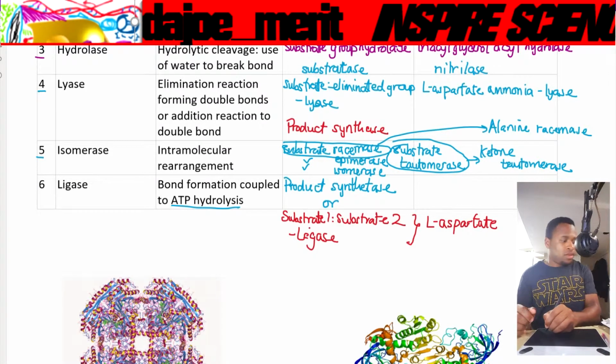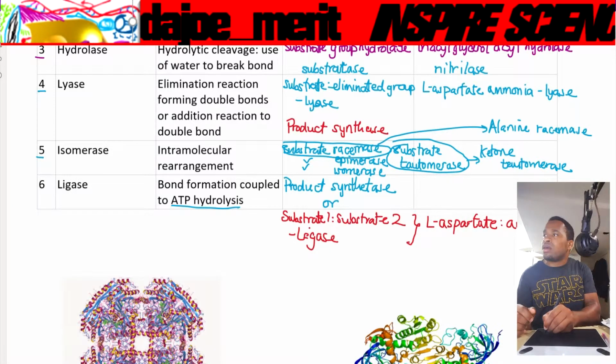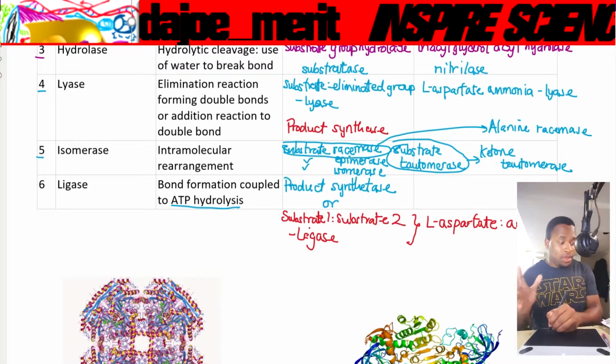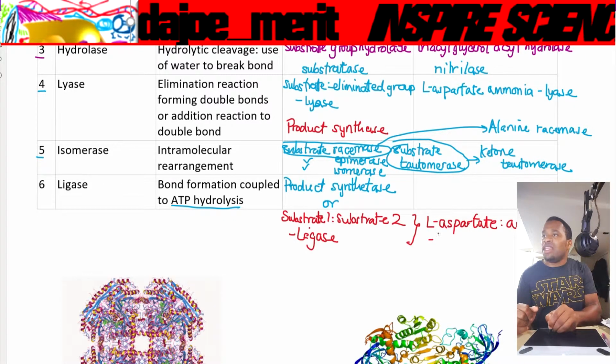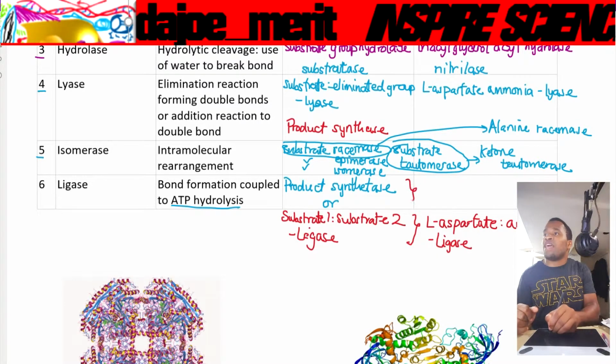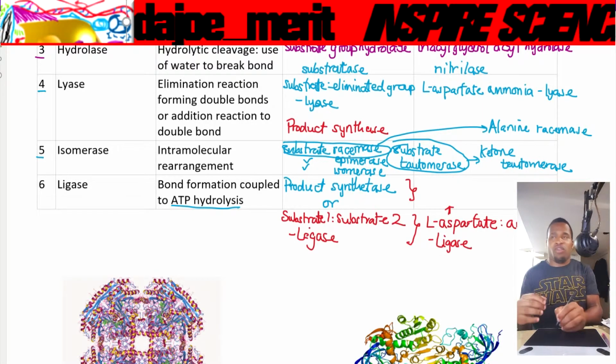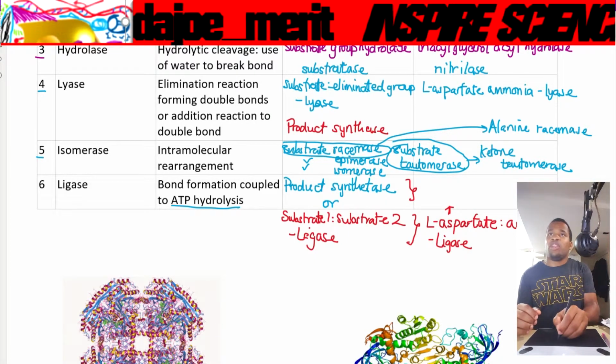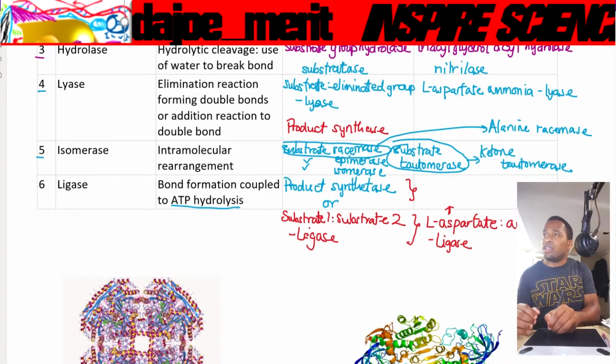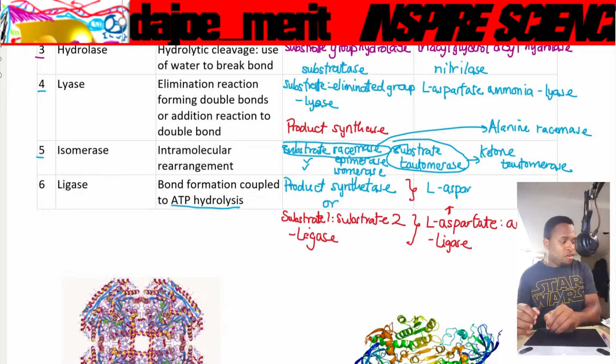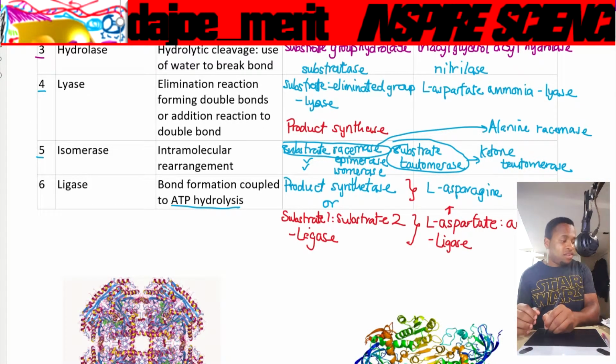Aspartate, ammonia, and in this case we'll put a hyphen and ligase, or on the other side the product that is formed from this particular ligase in this particular reaction is the formation of the product, which is called L-asparagine synthetase.